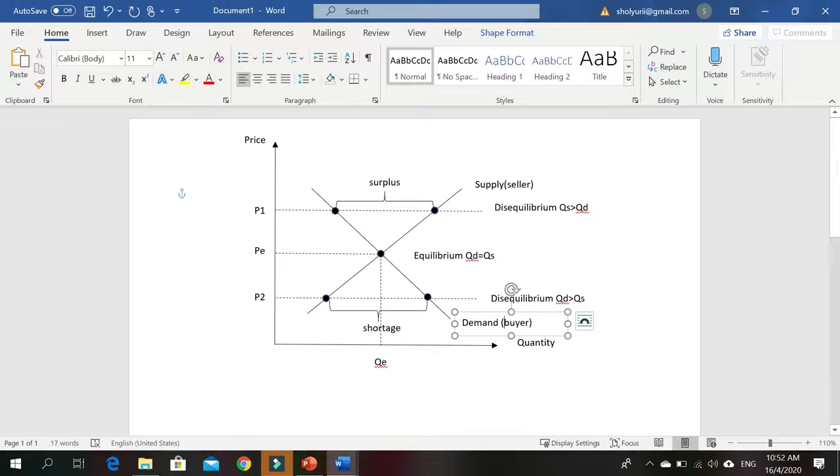So what happens when we got equilibrium? This price should not change. It should be there. Ini adalah harga yang paling baik dah. Price equilibrium ini adalah the best price for both the parties. So, if the price changes to P1, P1 maksudnya harga lagi tinggi kan daripada PE.